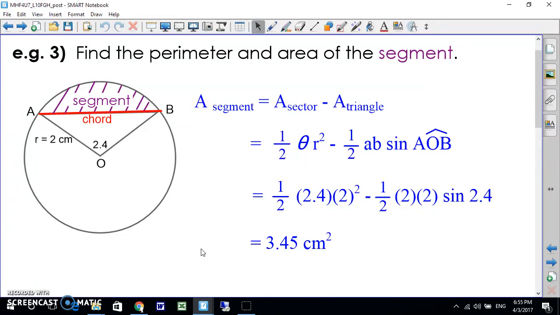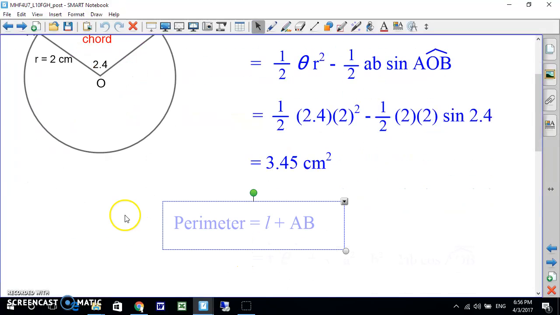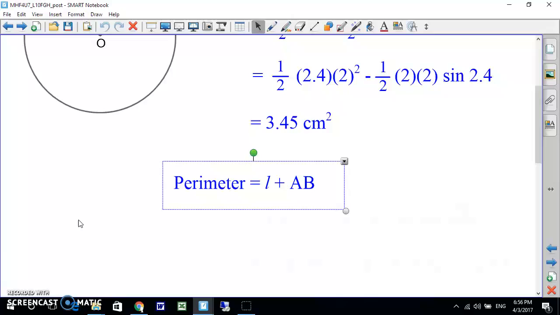As for the perimeter, it's even easier. The perimeter of the segment, you need to know the arc length between A and B, and also the length of AB. Once again, because triangle AOB is an SAS triangle, you need to use the cosine law to find the opposite side from angle 2.4 radians. So the perimeter will be arc length plus AB.